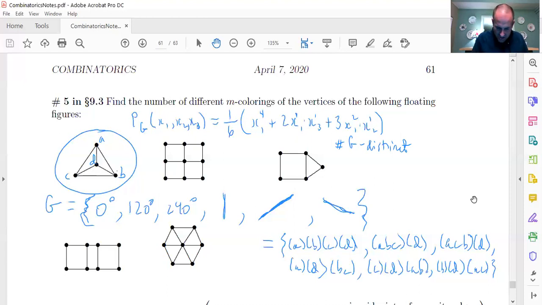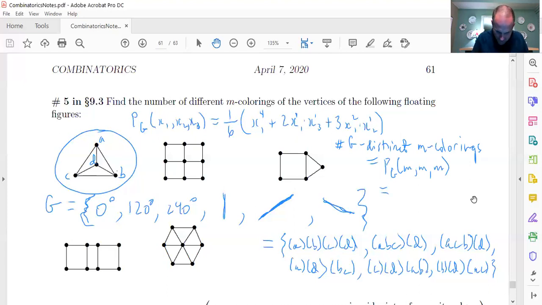The number of G-distinct M colorings equals P_G of M, M, M by the cycle index polynomial counting formula.